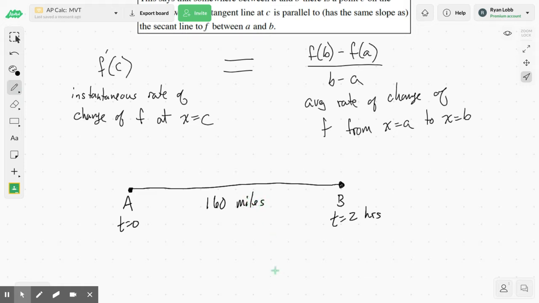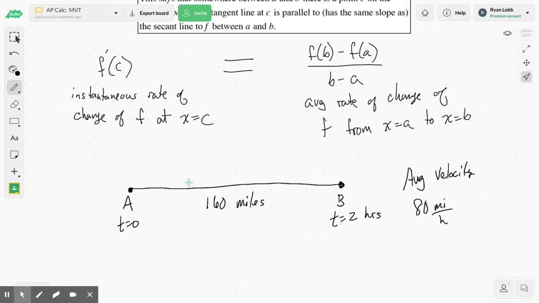Well, based off of that, we know that our average velocity, our average rate of change of how fast we went, would be 80 miles per hour. Okay, that makes sense.